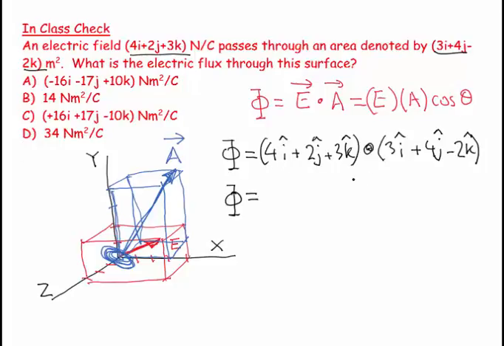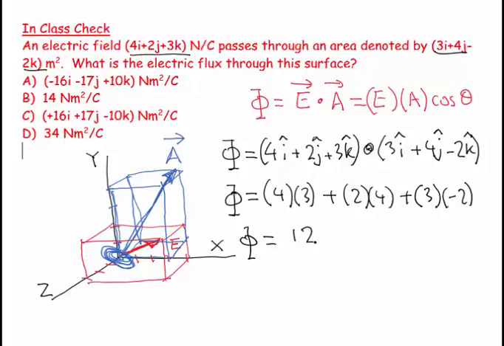The way you do a dot product is you simply take the coefficient of the I and multiply it by the coefficient of the I, then add that to the coefficient of the J multiplied by the coefficient of the J, and then add that to the coefficient of the K multiplied by the coefficient of the K. So I go 4 times 3, added to 2 times 4, added to 3 times minus 2.